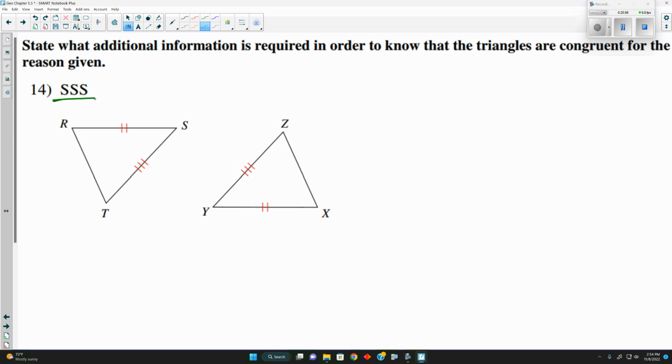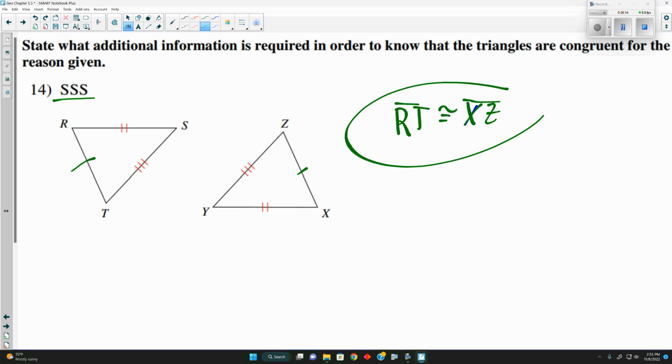Two sets of sides are congruent, so the piece of information we need is the third side, which would be RT needs to be congruent to what? ZX or XZ, either one. And that's it. That's all we have left to do. Yep. Questions on this here?